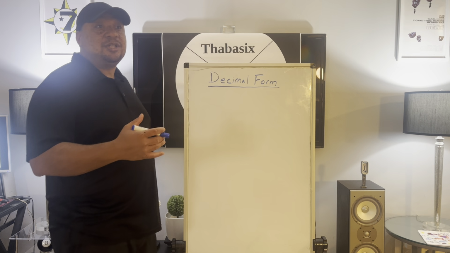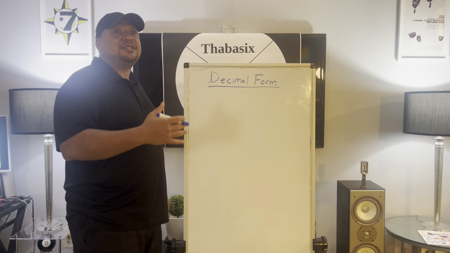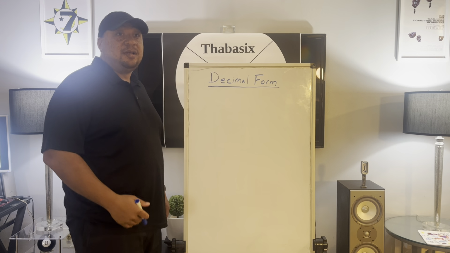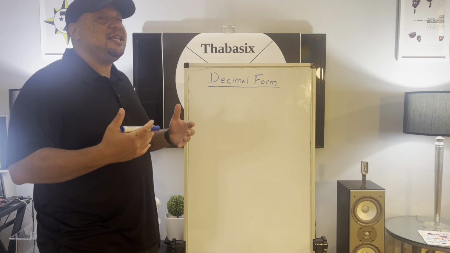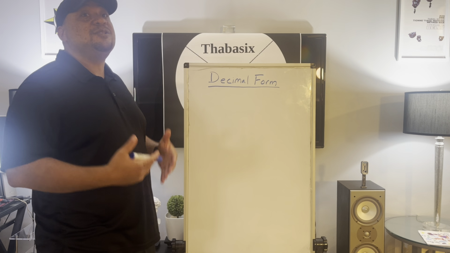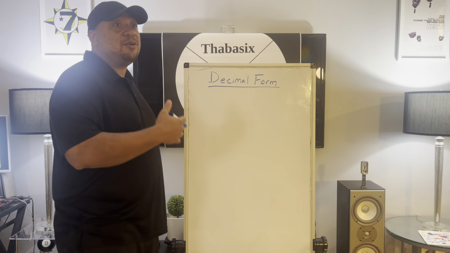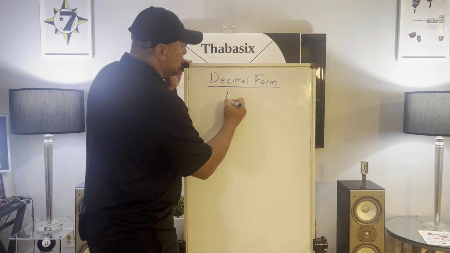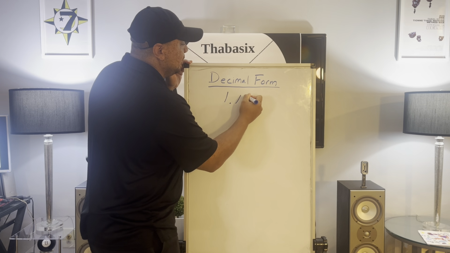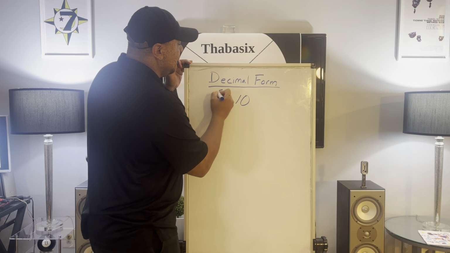Today I wanted to get into turning fractions into decimal form. Whenever some people see decimals or a decimal point, the first thing and the best example we could use is money. If I say $1.10, you have $1, decimal point, 10 cents.